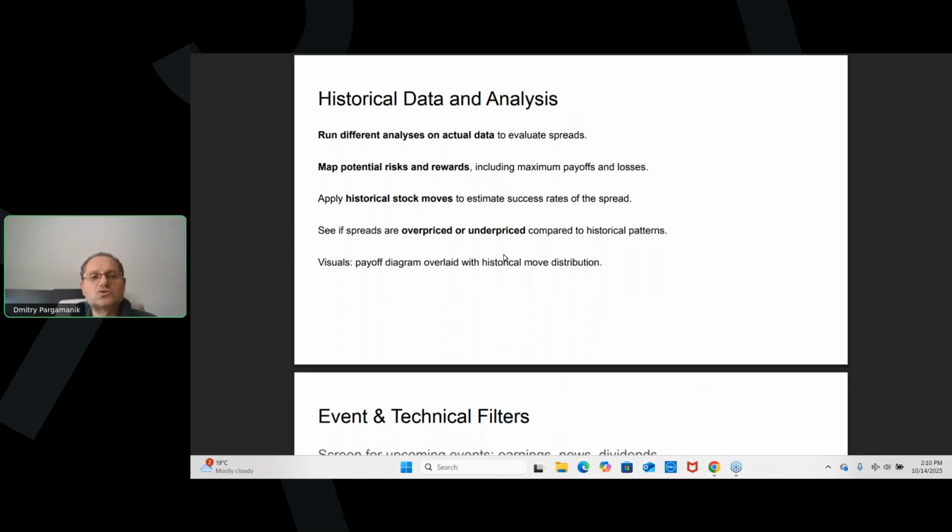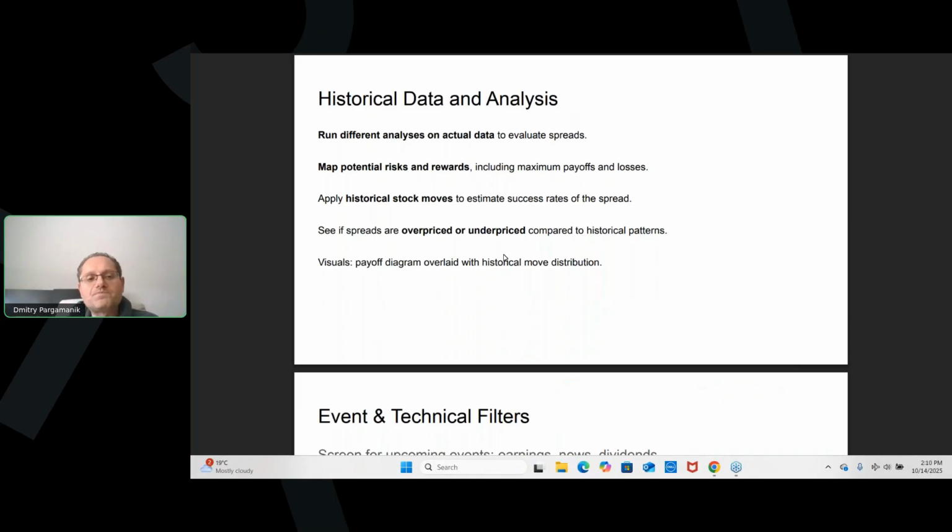It also helps us map out potential risks and rewards, max payoffs and losses. We could apply the historical stock moves to estimate success rates, and it helps us quickly create benchmarks to see if the spread is overpriced or underpriced based on those historical benchmarks.